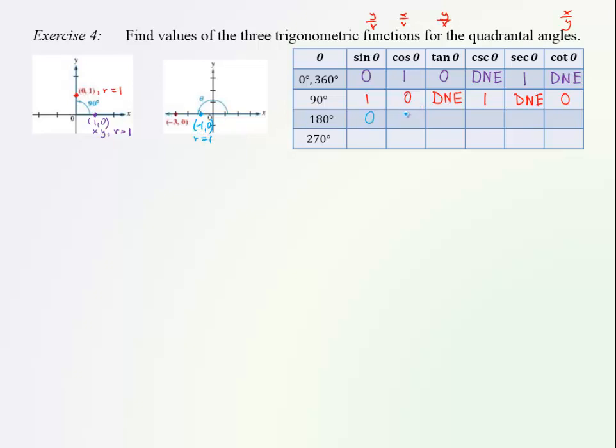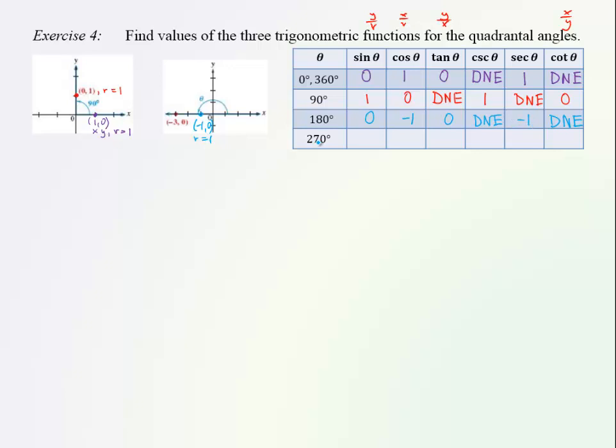Cosine is x over r, so it's negative 1. Tangent is y over x, so it's 0 again. And then if we take reciprocals, reciprocal of the two zeros does not exist. And the reciprocal of negative 1 is still negative 1.